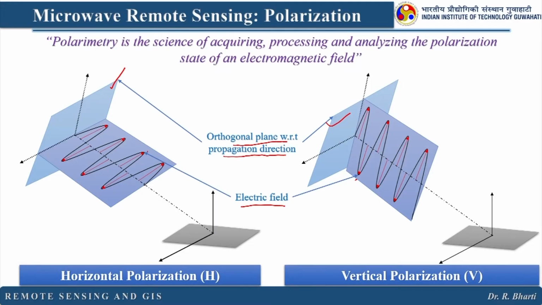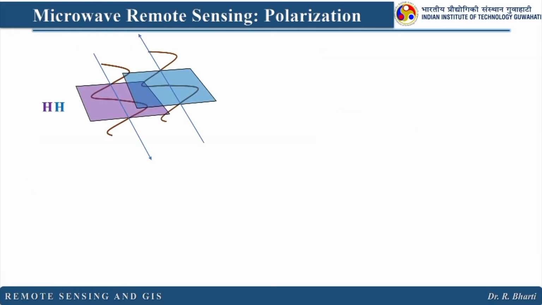In polarimetry, we acquire, process and analyze the polarization state of an electromagnetic field. This is what we are going to use in microwave remote sensing when we are talking about polarimetric SAR. In polarization, the first one is HH, where the transmitted and received energy are both in the same polarization, horizontal.